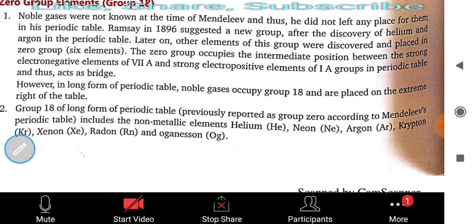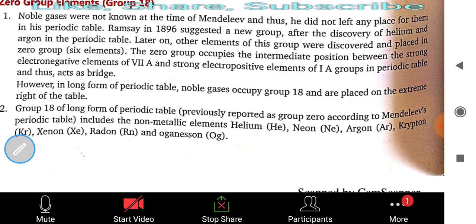However, in the long form of the periodic table, noble gases occupy group 18 and are placed on the extreme right side of the table. If you see the new modern periodic table, this is the last.